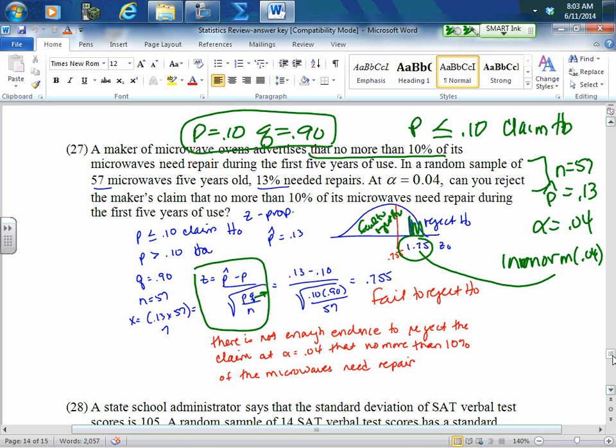You have your sample proportion minus your population proportion, divided by the square root of P, Q, all over the N. Remember, if you do this in your calc, to put parentheses, because it won't work if you don't. Well, it'll give you something different, but it won't be right. Here's your decision based on wherever this falls, and here's your interpretation.